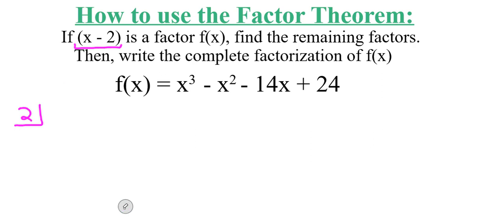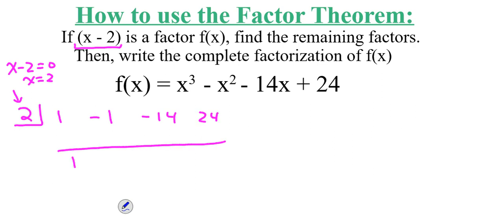So remember, to know what to put into this box, you set whatever your factor is equal to 0, and you solve, and that number is what you put into your box. All right, so let's write out the coefficients. We've got 1, -1, -14, and 24. Let's do synthetic division. We'll drop it, we'll multiply, we'll add, we'll multiply, we'll add, we'll multiply, and wow, a 0.